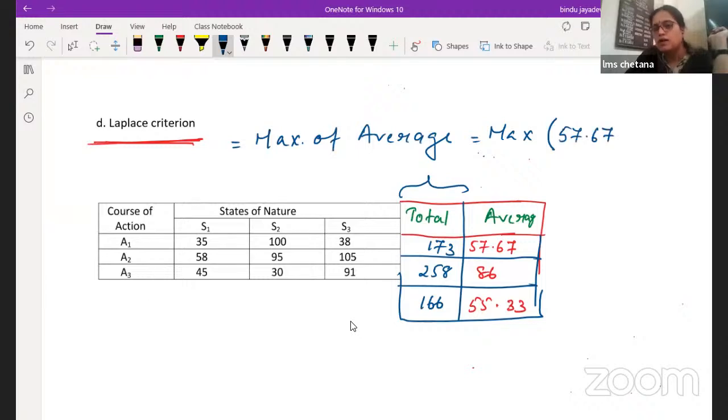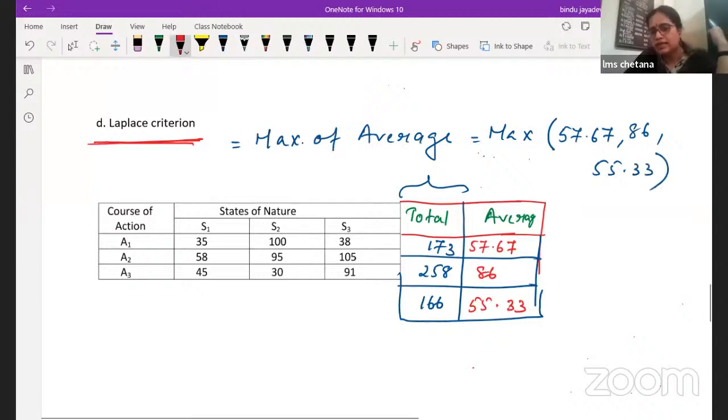57.67, 86, 55.33. This is okay. Now the maximum value: inside the bracket there are 3 values. Which value is maximum? We know that 86 is maximum. Now check it: 86 is in which line? In the second line.